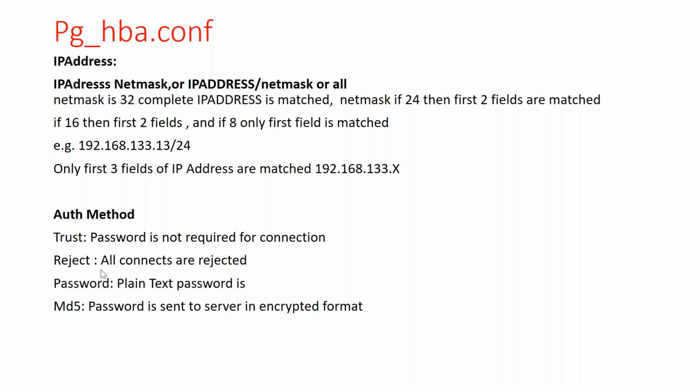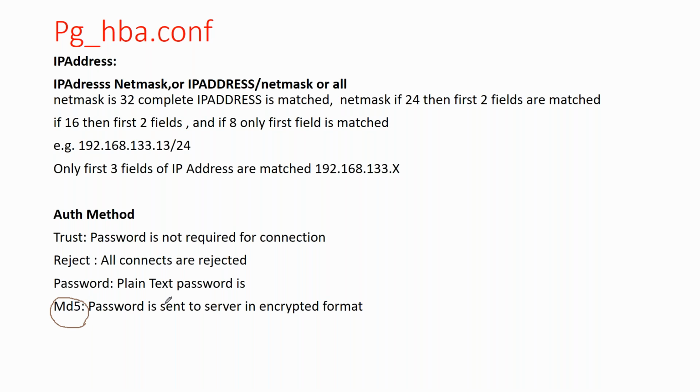Then trust, reject, password. Password means you have to specify the password. And md5 also means you have to specify the password. The difference is that the password would be encrypted internally. You will not encrypt it, it will encrypt internally, and only then it will be sent to the server. In practical scenarios I generally use MD5 only.